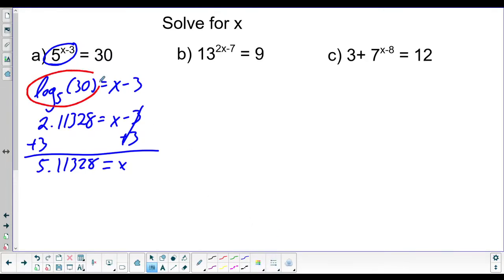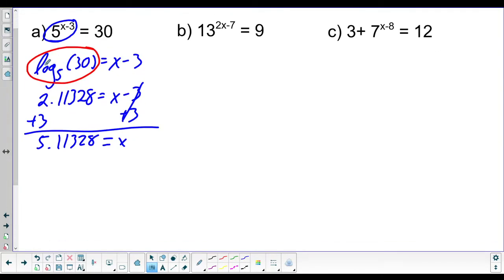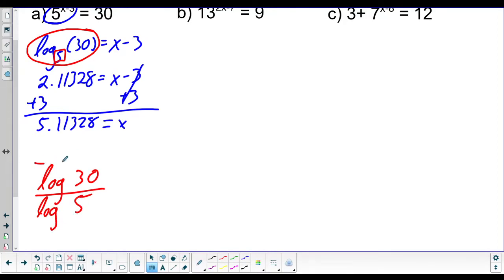Just a reminder really quickly, for this, in your calculator, if you can't find the log with the base button, you might have to use the change of base formula. So if you don't have that button that lets you type in your base, the way you would evaluate this would be log of 30 over log of 5. This will give you the same thing. And these logs have the invisible base of 10.